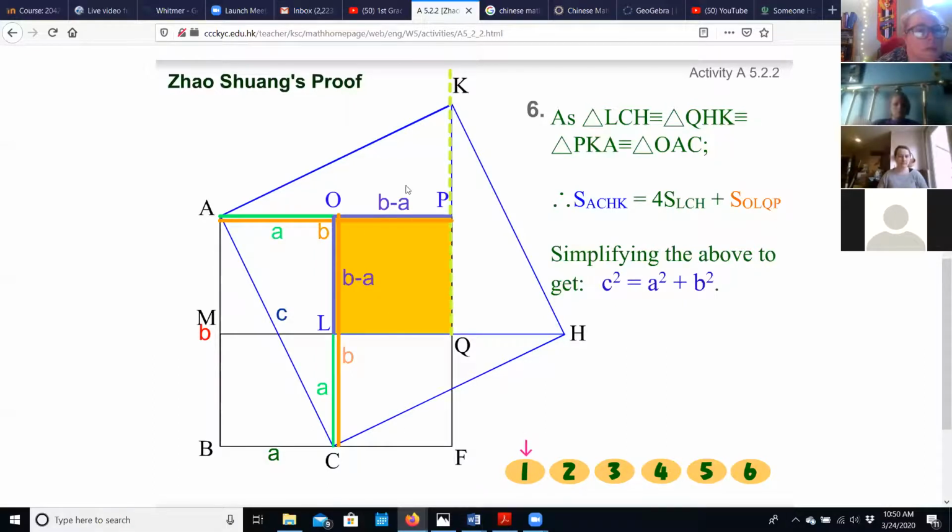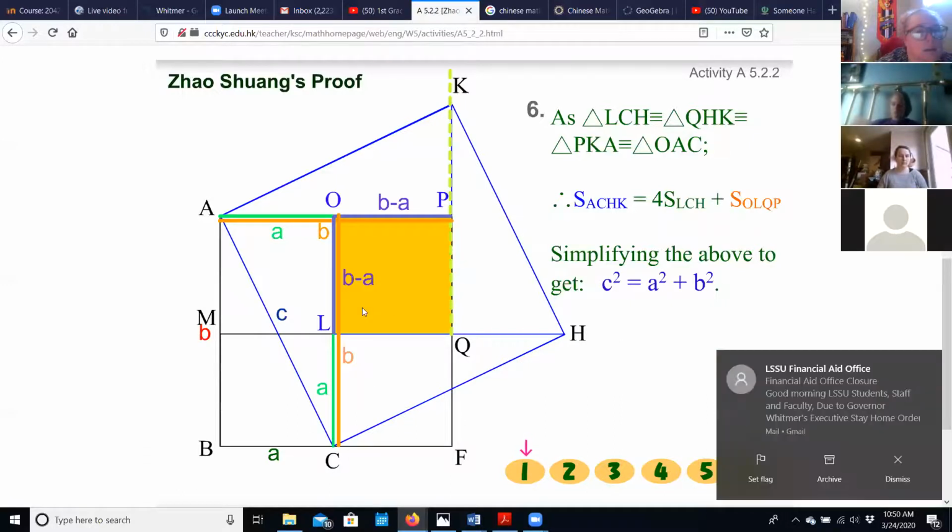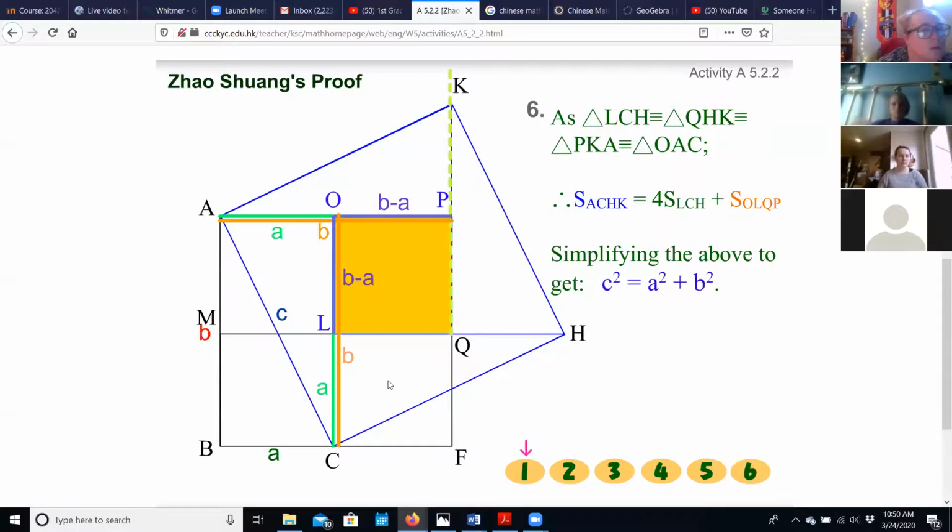Then I have these four triangles inside here, which have area of A times B divided by 2. And then this one has B minus A quantity squared area. I add those all up, and that should give me C squared, which I simplify to A squared plus B squared.